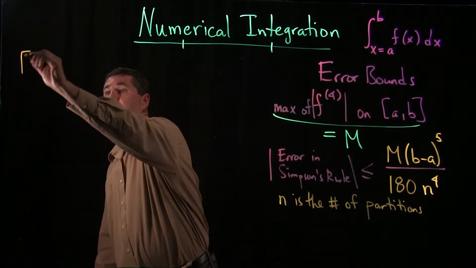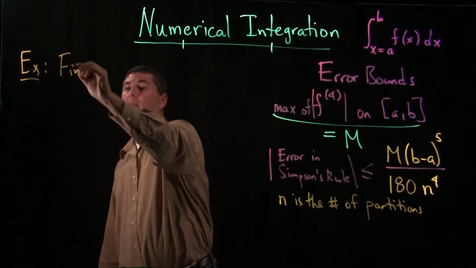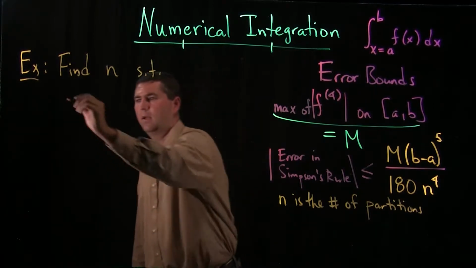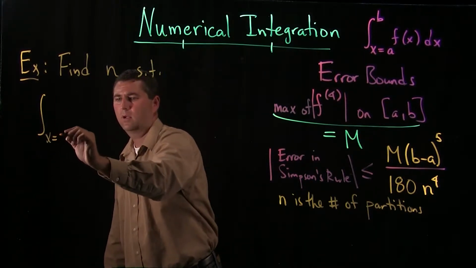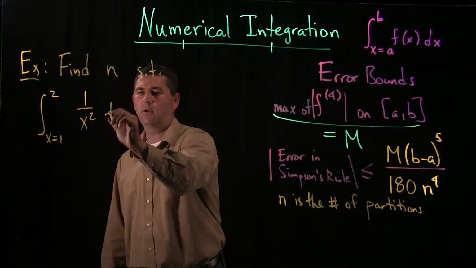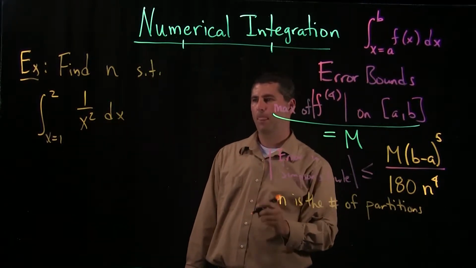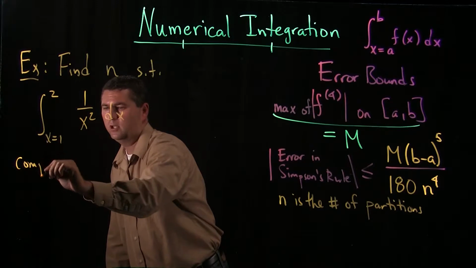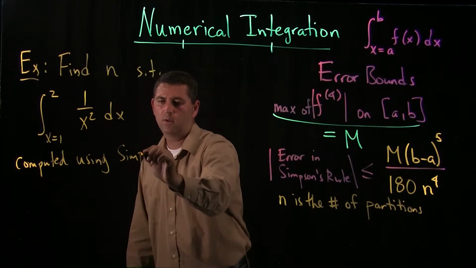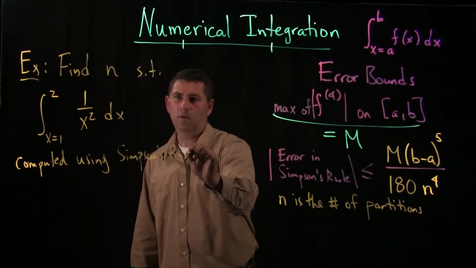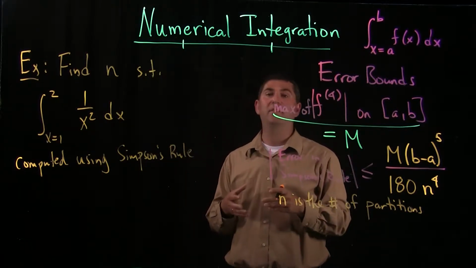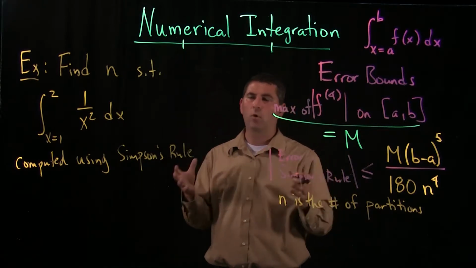So in the example, I want to find my n such that when I compute the integral from 1 to 2 of 1 over x squared dx, computed using Simpson's rule, I want my error to be less than, say, 1 over 10 to the 5th.